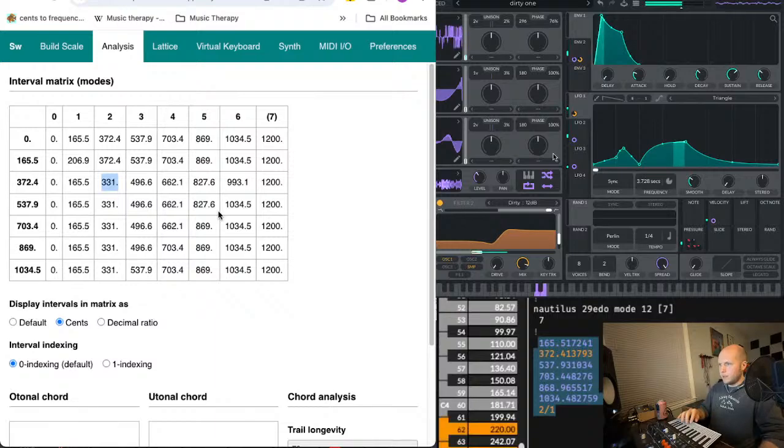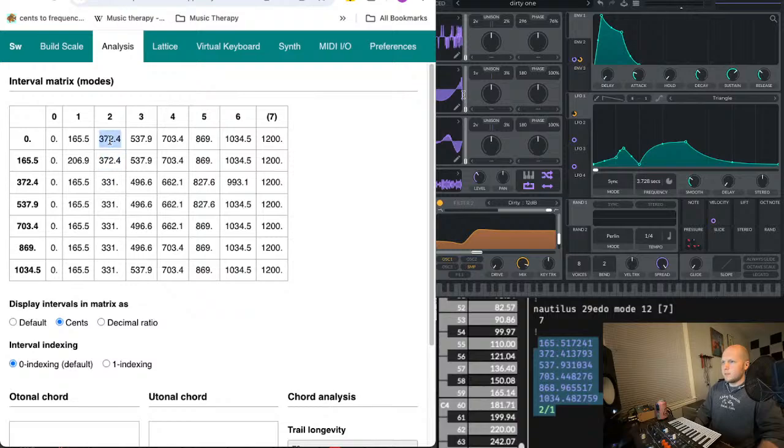You don't have it here, you don't have it here, but you have it here, here, and here. So that's like a sharp minor third. So we have these minor thirds here.